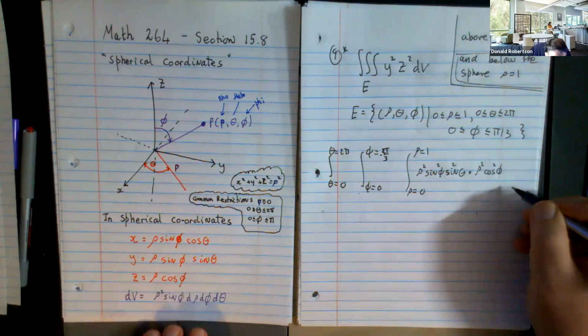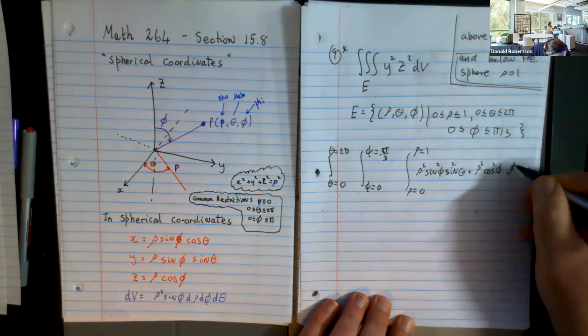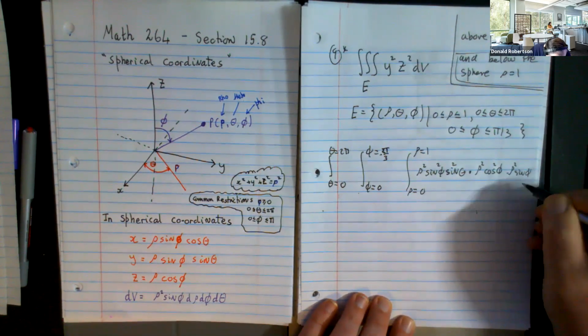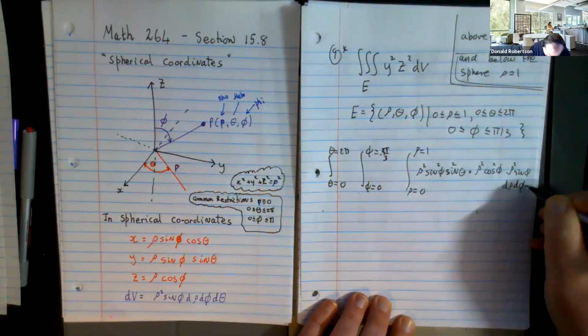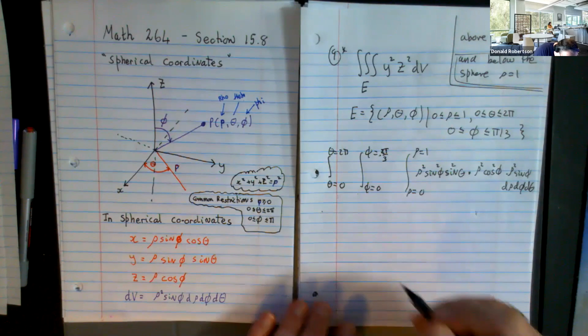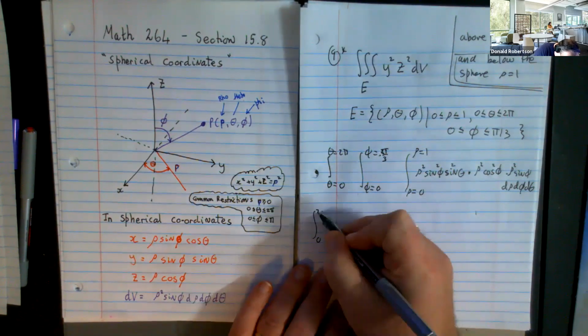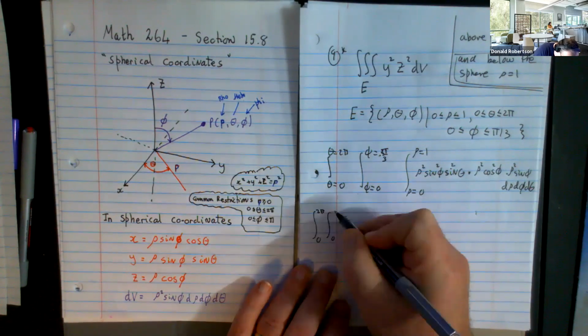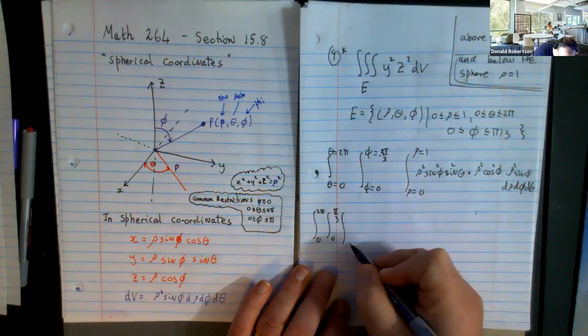And then I'm going to have yet another rho squared sine phi, and I don't even have enough room for the guys that come later, so I'll squeeze them there. Good grief. I get 0 to 2 pi, 0 to pi upon 3, and 0 to 1.